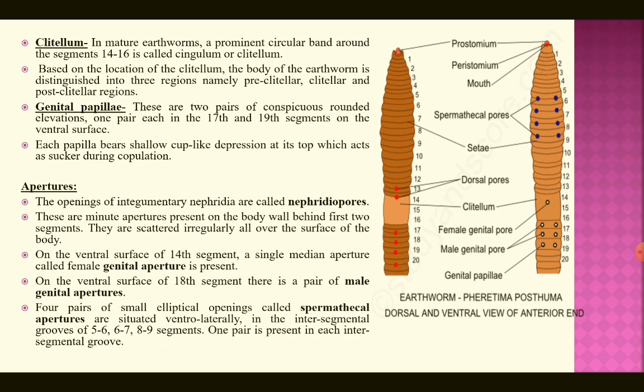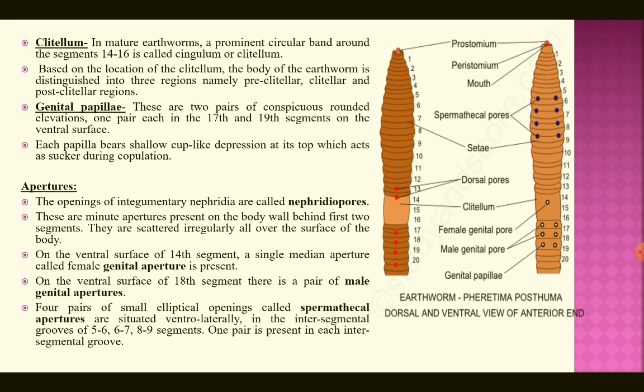Four pairs of small elliptical openings called the spermathecal apertures are situated ventrolaterally, that is on the ventral side towards the lateral margins, in the intersegmental grooves.